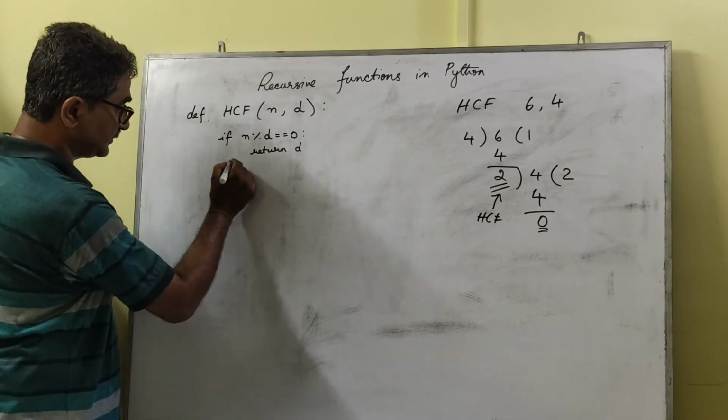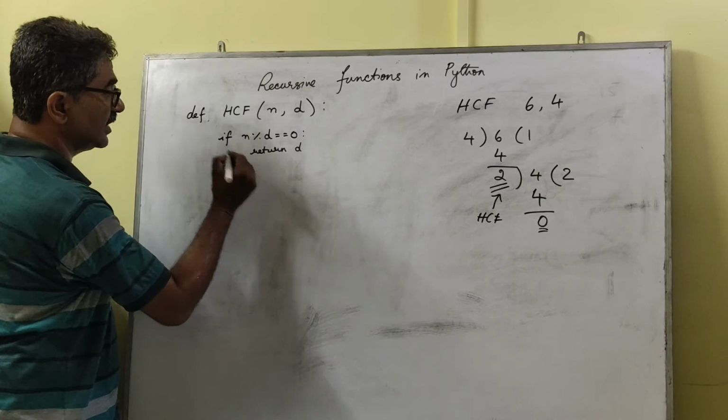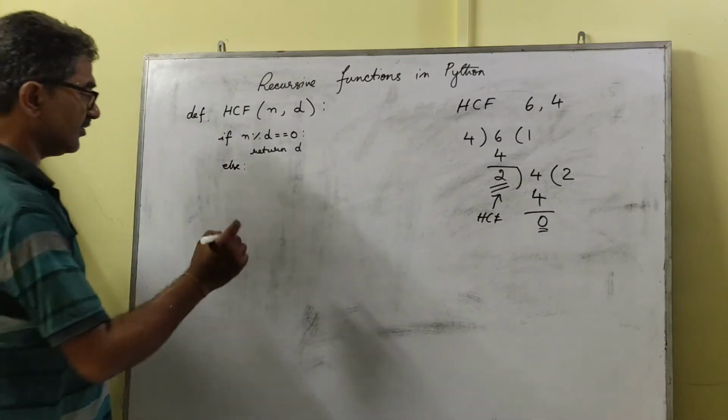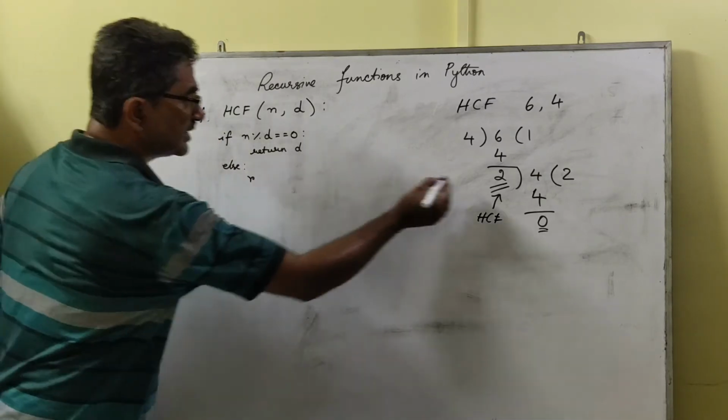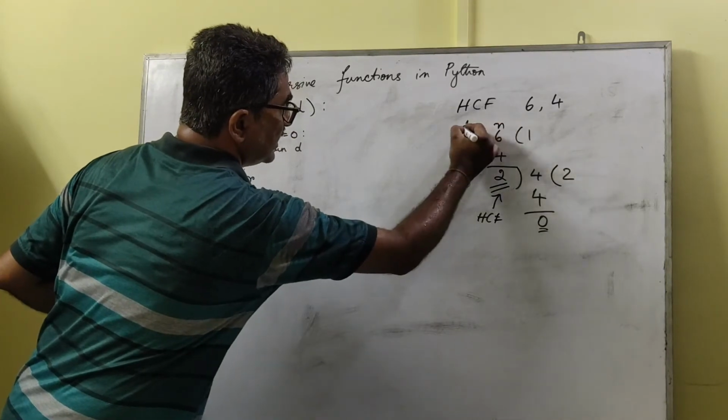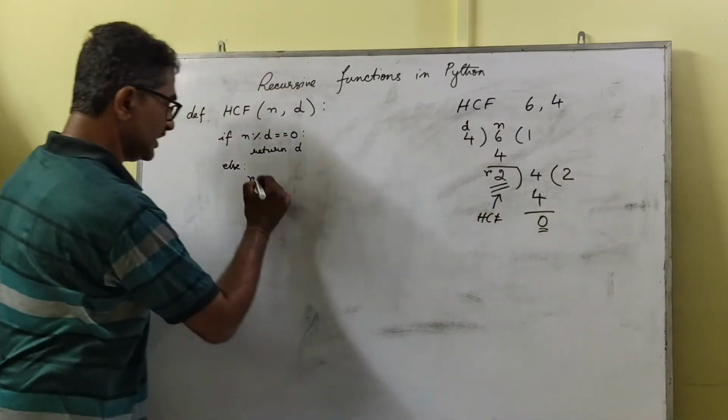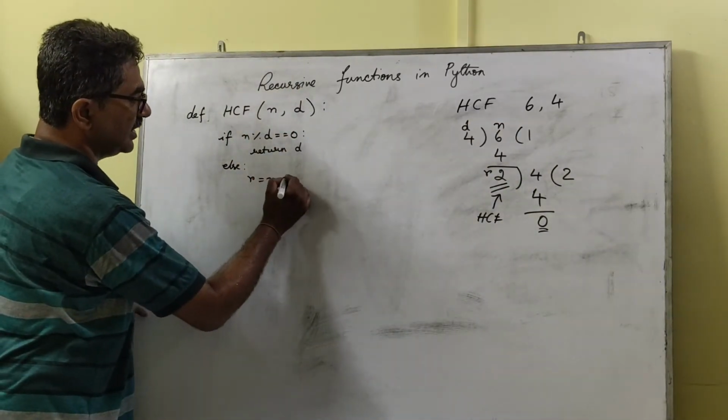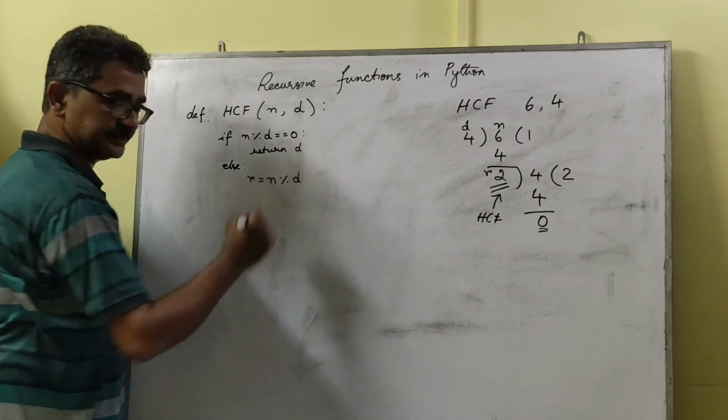Otherwise, first find the remainder. So this is my n, this is my d. I'm going to find the remainder first. So the remainder r is n modulus d.